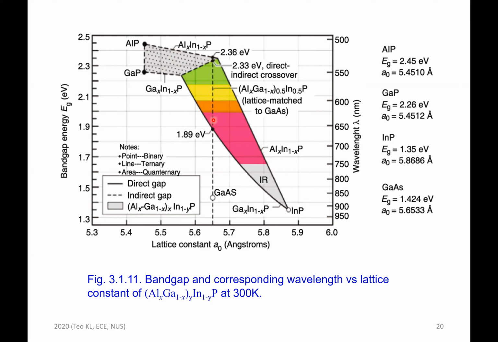So depending on the composition, I can change from red to orange to yellow and to green. So that's how we do band gap engineering. First, you must find an appropriate substrate to grow upon, and then you change the composition. You can change the wavelength of the semiconductor.